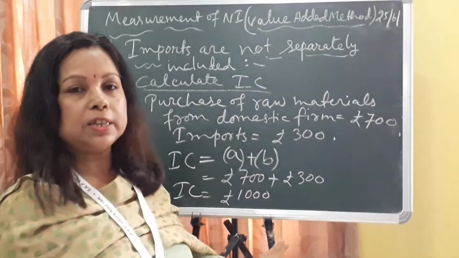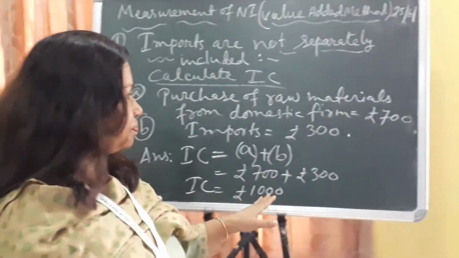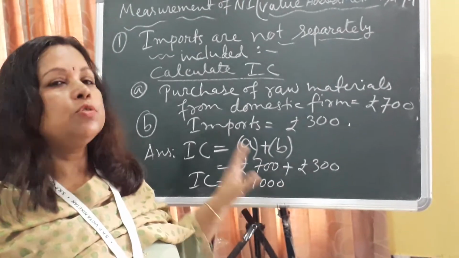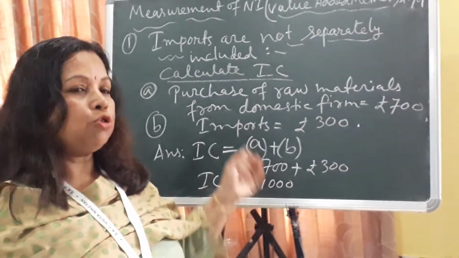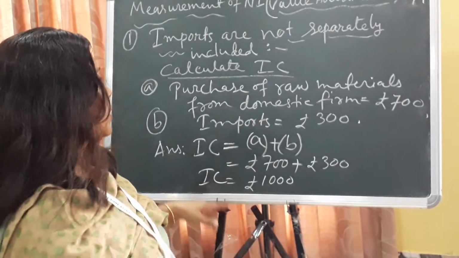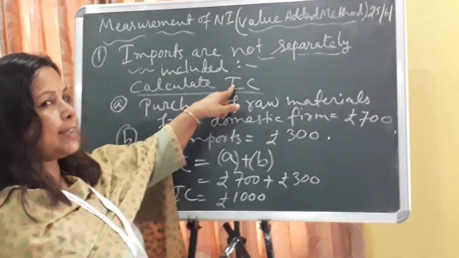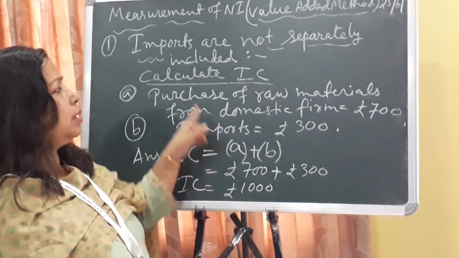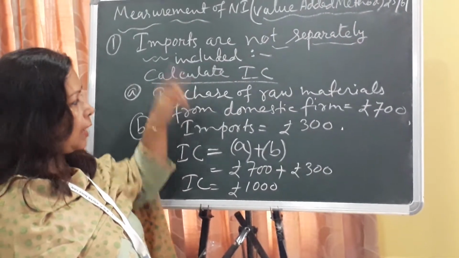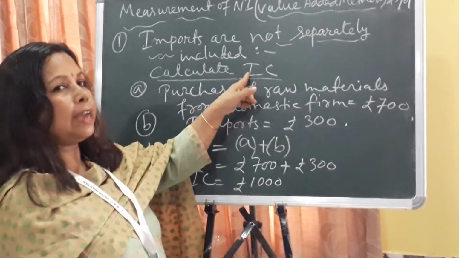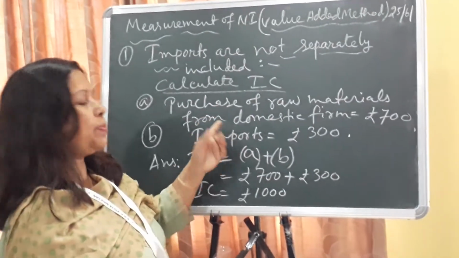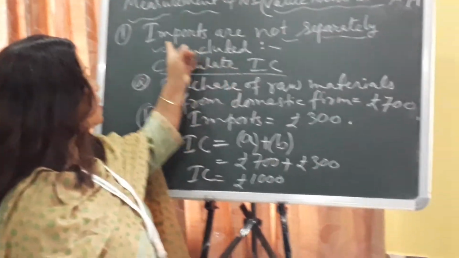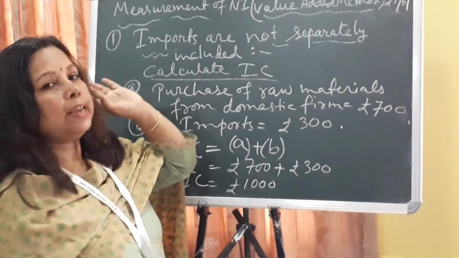This is the process, and this is a very important point in the value added method at the time of calculation. You have to keep in mind what will be included or not included. When calculating IC, it is domestic farm plus imports. Previously I gave the example, so imports are not separately included.